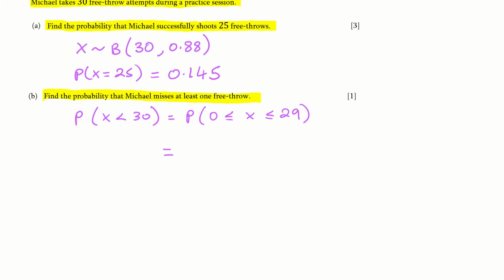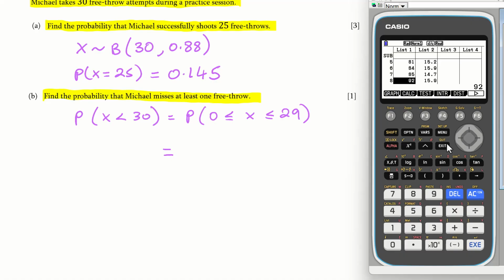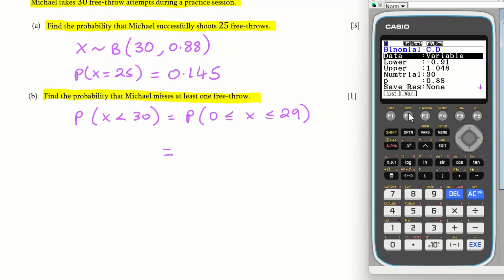So if we just go and grab the calc, and we'll exit from that and exit again. So again, distribution, binomial. This time it's a binomial CD when we want a range of values. And so the lower is going to be 0.